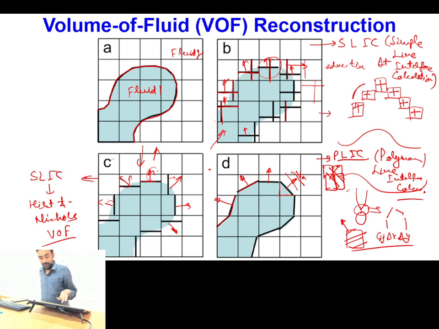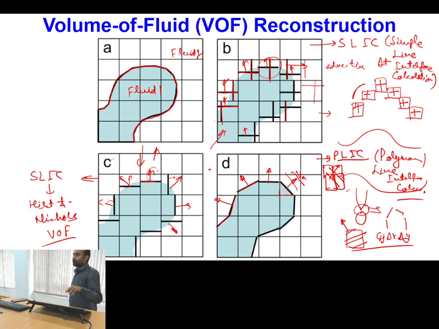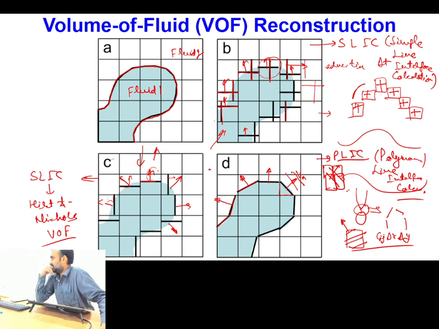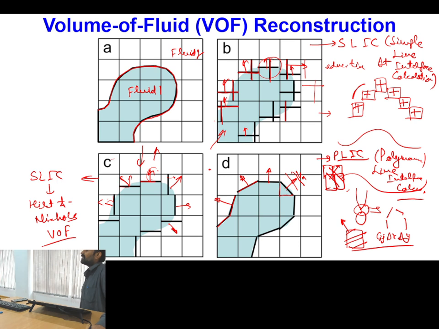So here we need to follow even more complex geometric interpretations in order to estimate the fluxes in the neighboring cells. Is this point clear? Here the computations become a little more complicated. How it extends to multiple directions, how we calculate the normal direction using the volume fraction data, and how we place this line at what distance, the mathematical formulations of all these parameters, we will discuss in the subsequent lectures.